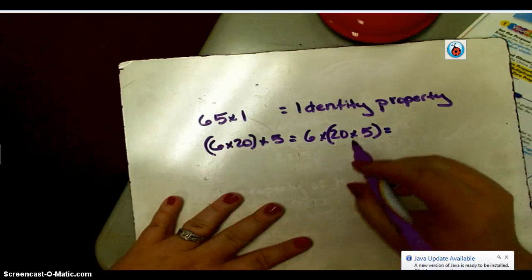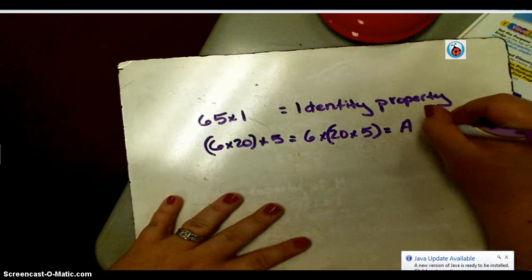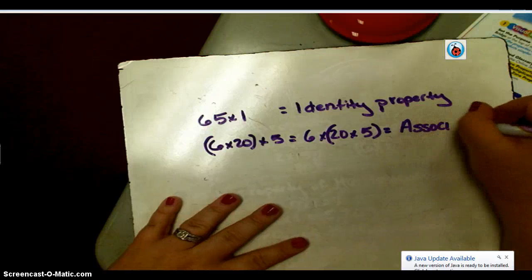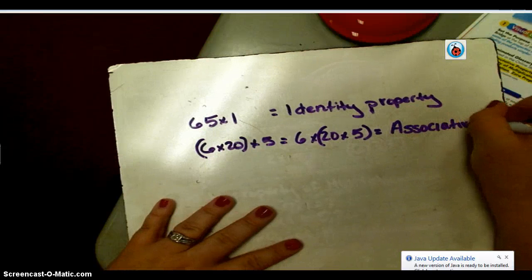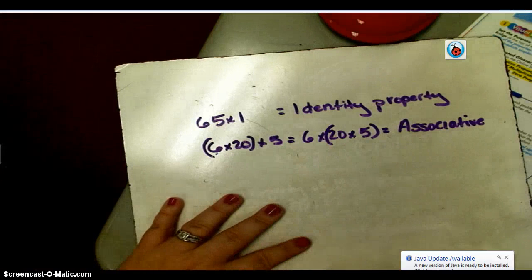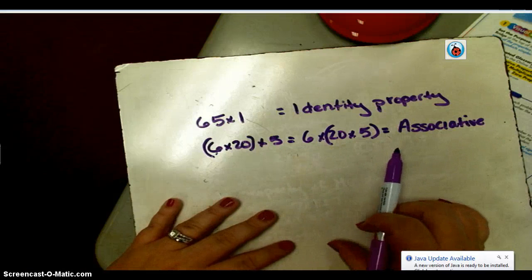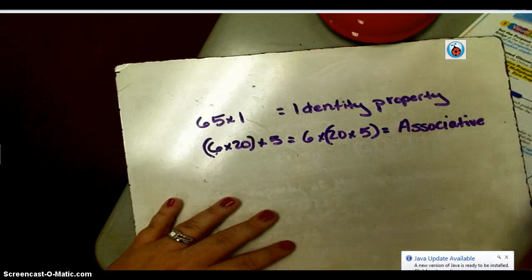You should have answered associative. Associative property says I can change the location of my parentheses, but not the order in which the numbers are listed. My product will stay the same. Product is the answer to multiplication.